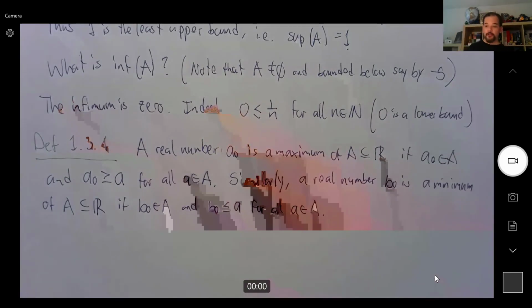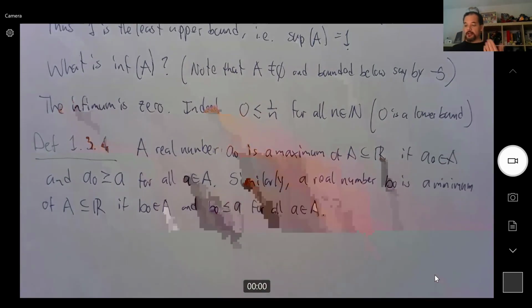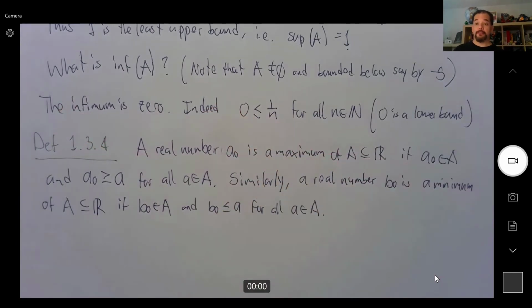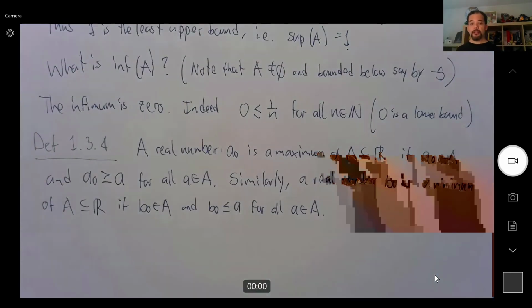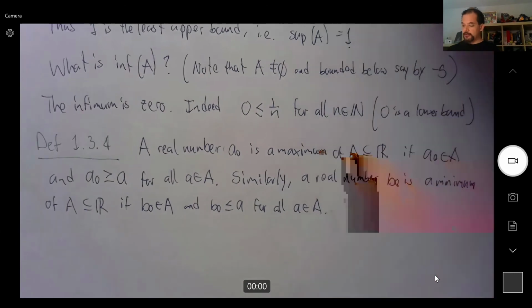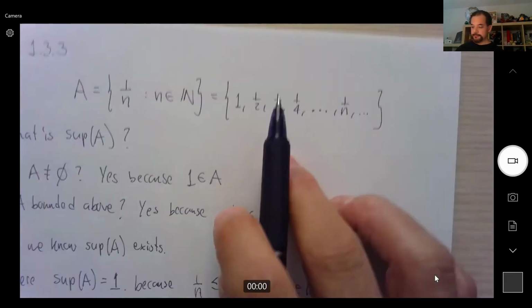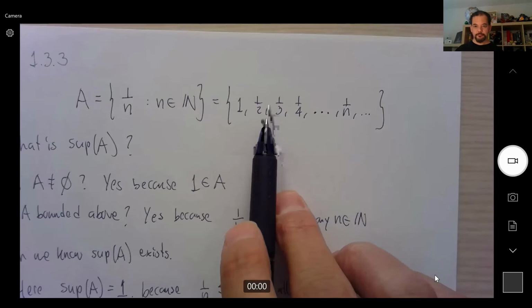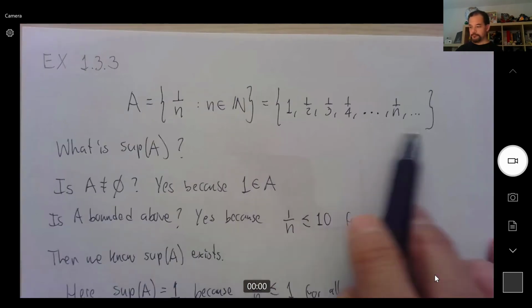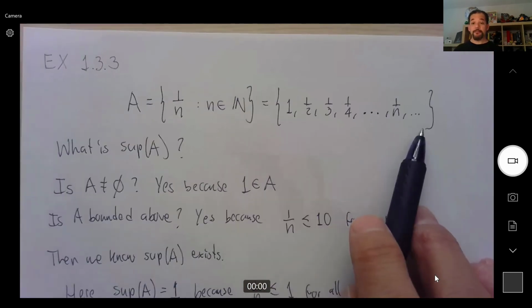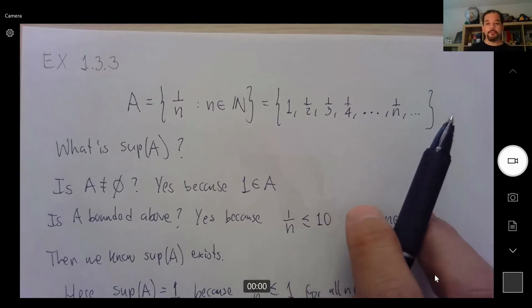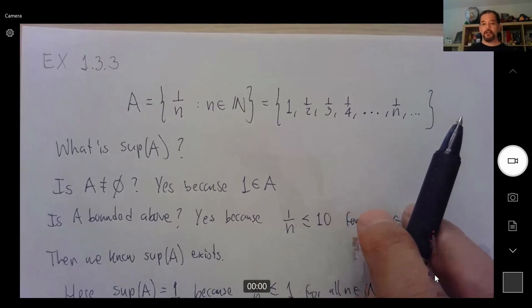All right, so based on this definition, the supremum that we did on the previous one was in fact the maximum, right? Because it belonged to the set. And this illustrates that that can happen or cannot happen, because what is the minimum of this set? It doesn't have one. So there is no axiom that tells you every non-empty bounded set has a minimum.